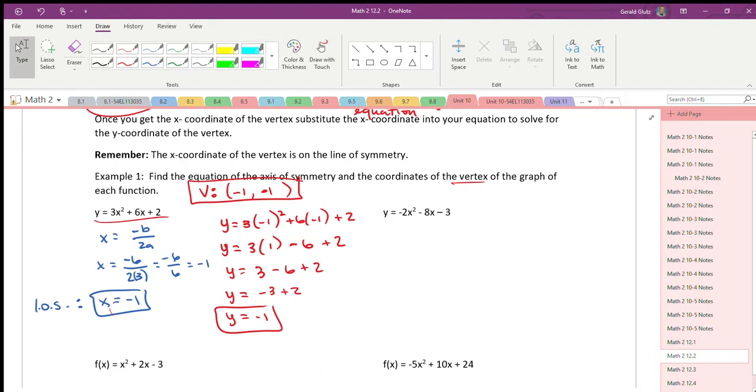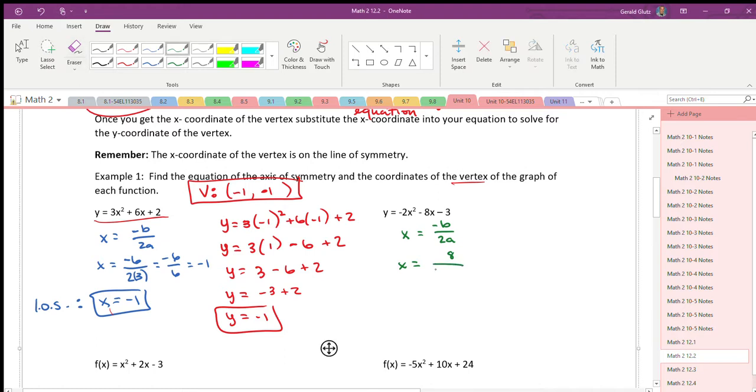All right, the next example. Again, we're going to start off with x equals negative b divided by 2a. In this case, b is negative 8. So if I have a negative 8, that just turns into a positive 8, so I can really get rid of that. Divided by 2 times a. So a is negative 2 in this case.